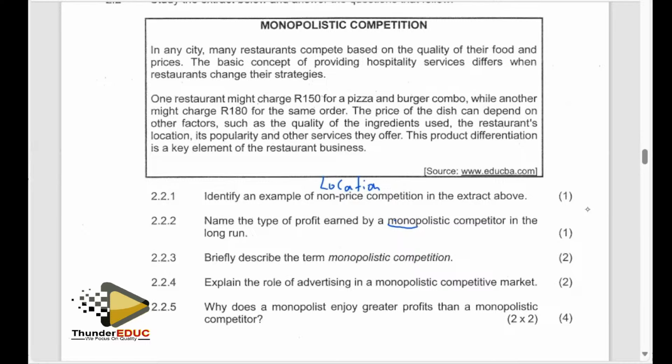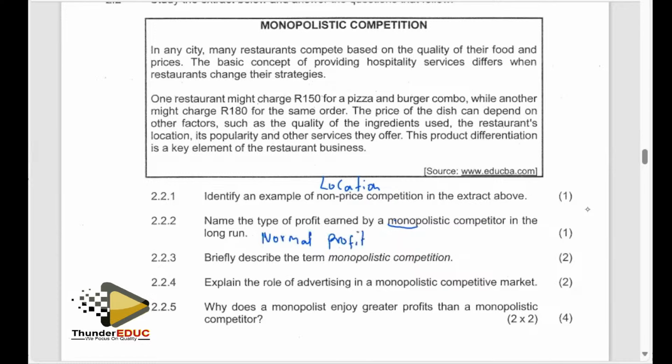That is why most of them will be attracted to join the market in the long run. Then, the fact that businesses are going to be many, and they are going to share the market, means they are going to make a normal profit.